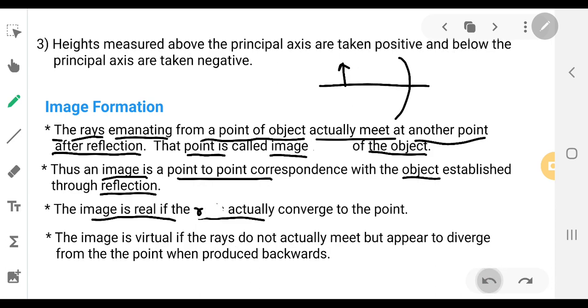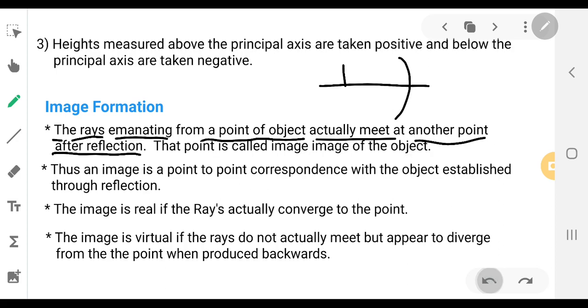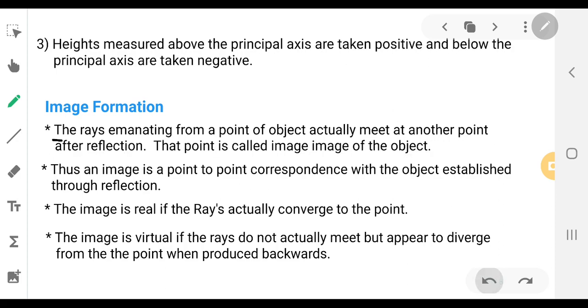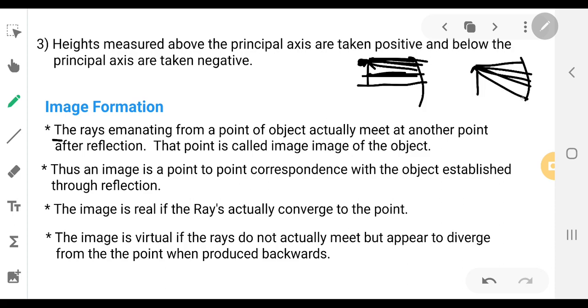So as you know, every point on the object is a source of light, and every point on the object is emerging n number of rays. ಈ ಪಾಯಿಂಟ್ ದಿಂದನೂ ಸಾಕಷ್ಟು ರೇಸ್ ಬರ್ತಿರ್ತಾವು, ಈ ಪಾಯಿಂಟ್ ದಿಂದನೂ ಸಾಕಷ್ಟು ರೇಸ್ ಬರ್ತಿರ್ತಾವೆ. ಅವೆಲ್ಲ ರಿಫ್ಲೆಕ್ಟ್ ಆಗಿ, ರಿಫ್ಲೆಕ್ಷನ್ ಆದಮೇಲೆ ಅಷ್ಟು ಒಂದೇ ಕಡೆ ಕೂಡ್ತಾವೆ. ಸೊ ಇದು ಪಾಯಿಂಟ್ ಎ ಇತ್ತಂದ್ರೆ ದಿಸ್ ಇಸ್ ಕಾಲ್ಡ್ ಆಸ್ ಎ ಡ್ಯಾಶ್.